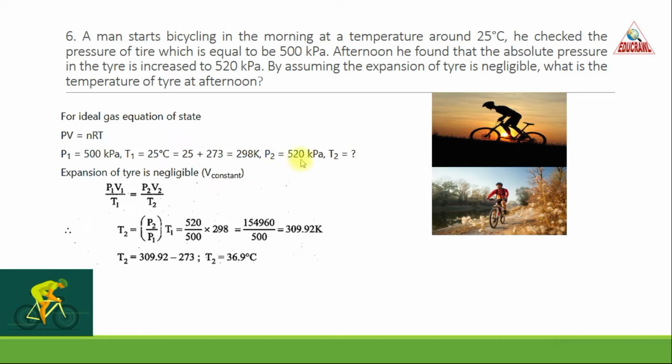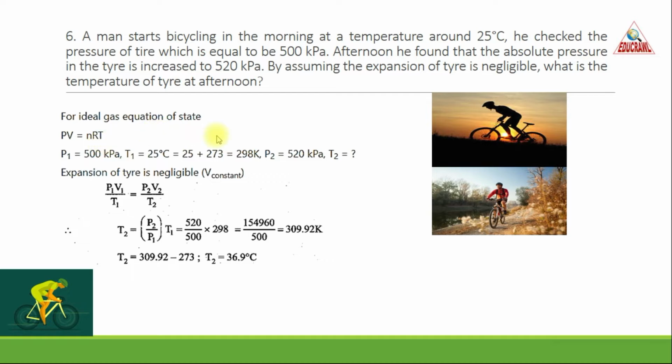The P2 value is 520 kilopascal and the T2 value is what we are supposed to find, that is the temperature of the tire in the afternoon. So all the data in the morning is recorded as P1, V1 and T1, and in the afternoon it is recorded as P2, V2 and T2. We will use the ideal gas equation as P1 V1 is equal to n R T1.